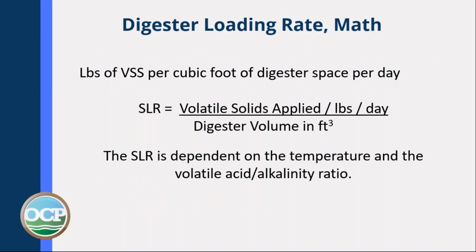Digester loading rate math: pounds of volatile suspended solids per cubic foot of digester space per day is the solids loading rate. So it's your volatile solids applied or added in pounds per day divided by the digester volume in cubic feet. The sludge loading rate is dependent upon temperature and the volatile acid to alkalinity ratio.